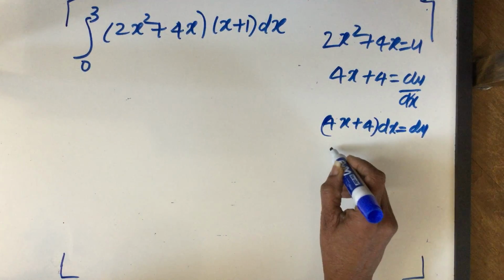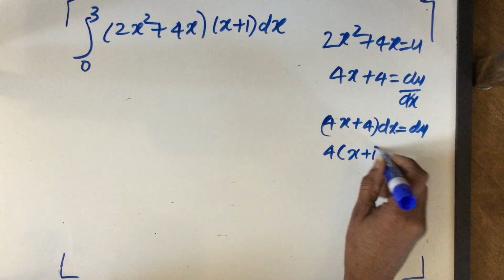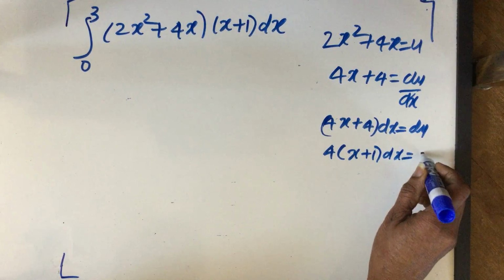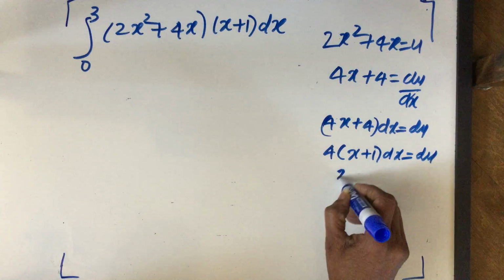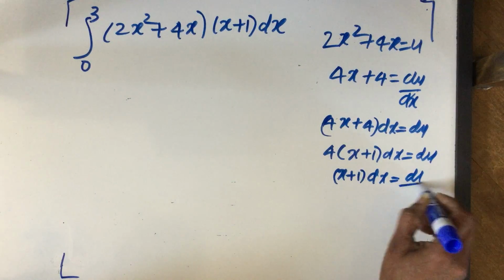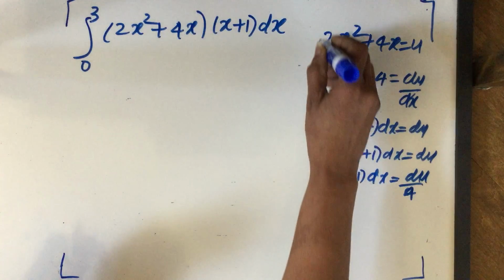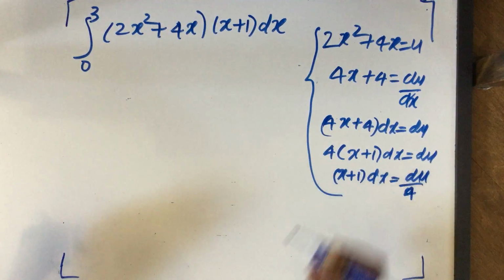And you have to factor out the 4, because it is x plus 1 dx. So x plus 1 dx will be du, but you need just x plus 1 dx. So this will become du by 4.